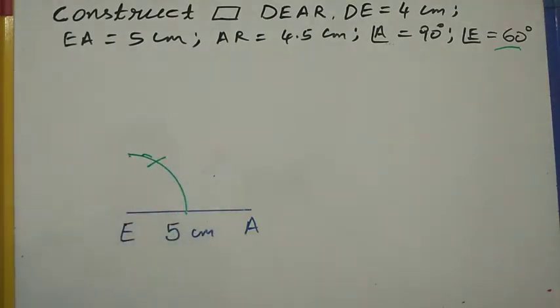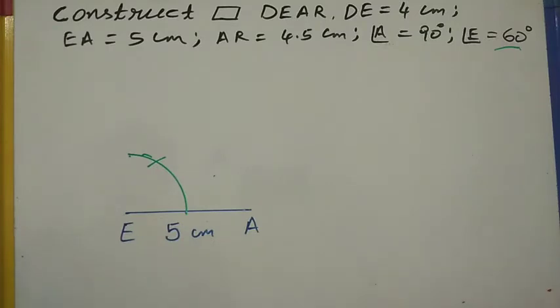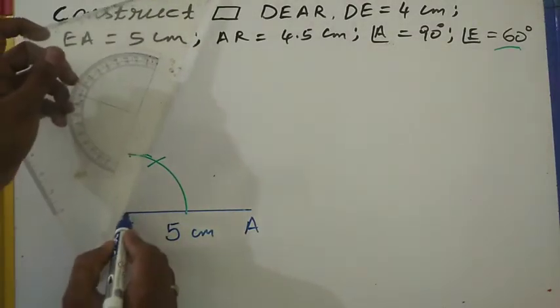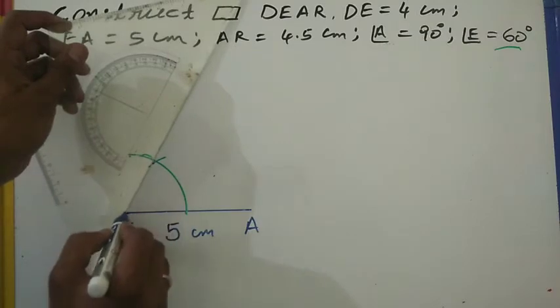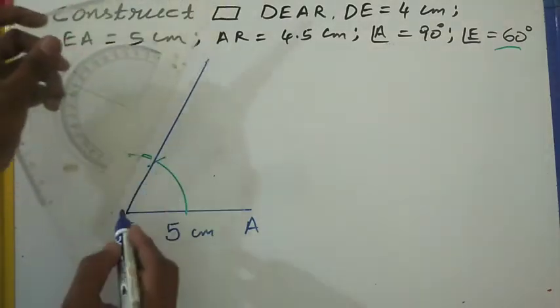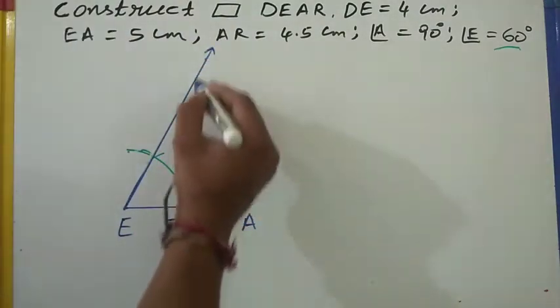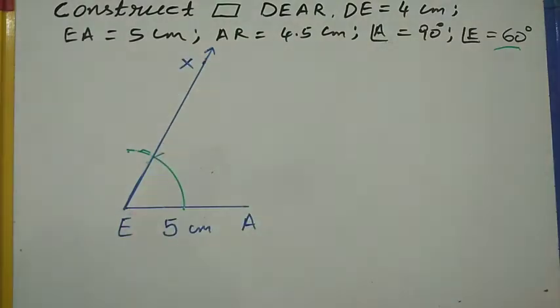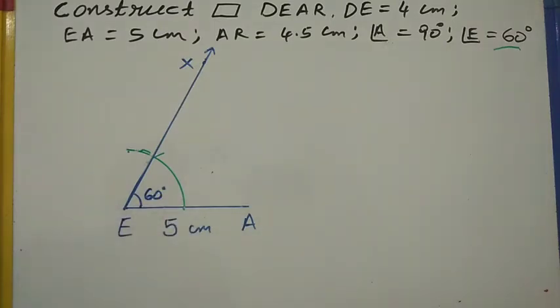Here you have got, so I got a ray, let us say EX ray, making an angle of 60 degrees.